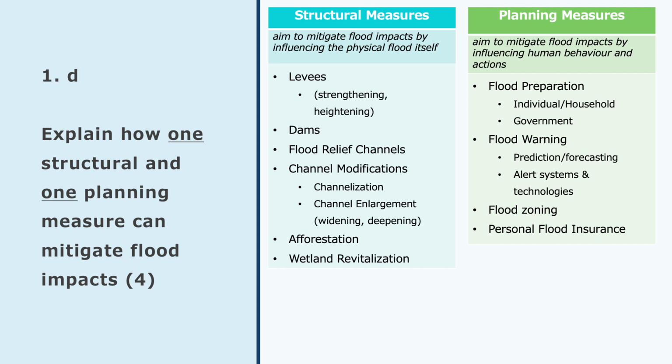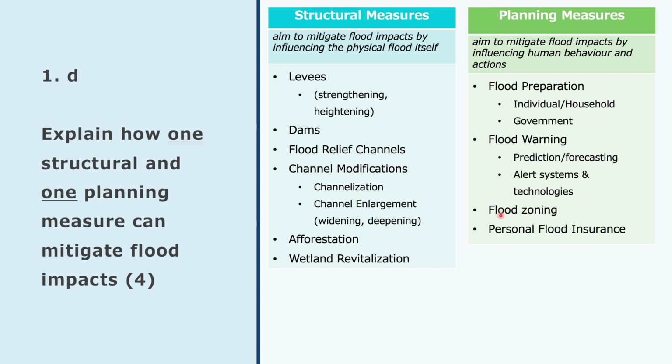And that is in contrast to planning measures, which aim to mitigate flood impacts by influencing human behavior and actions. So we're not actually changing anything about the flood itself, just how people respond to it. For example, flood preparation, and that can be at the individual or household level or at the government level. Flood warning systems like prediction and forecasting or alerting people when there is a flood incoming.